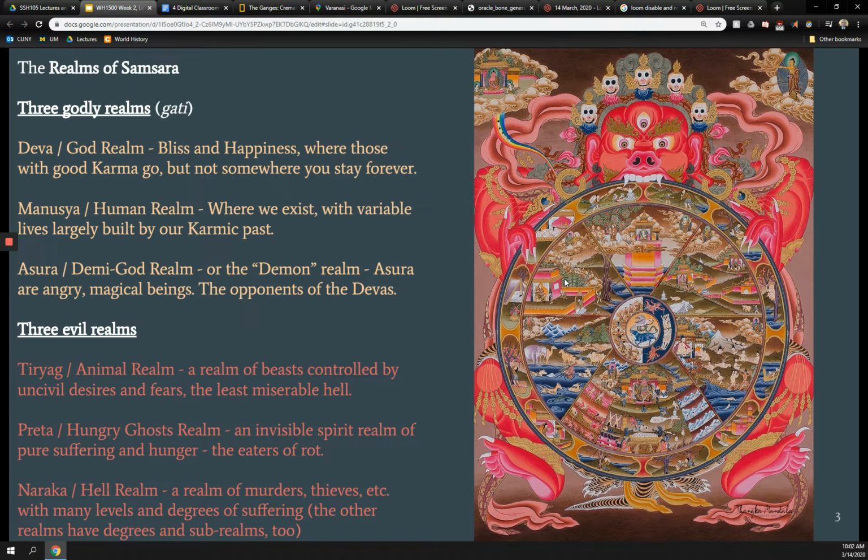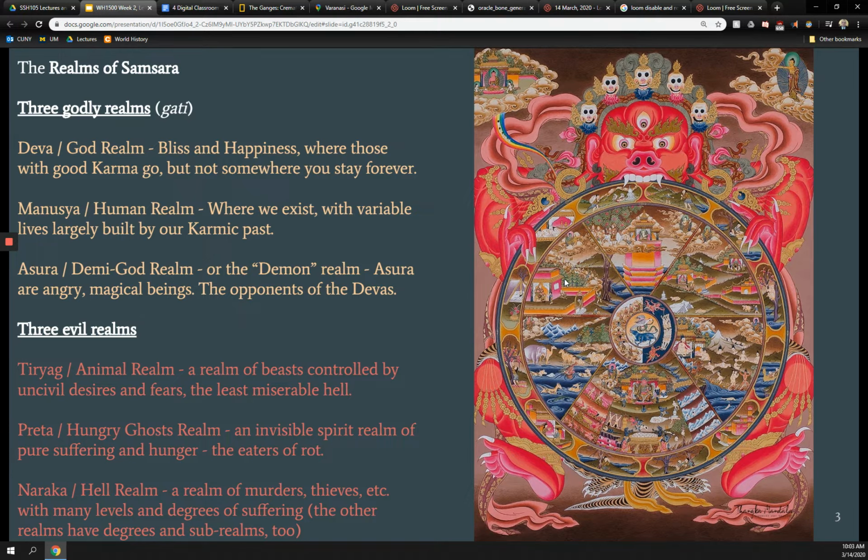We know now that this is the function of decomposition, microbes, and other things invisible to the naked eye eating away and causing this rot in the apple. But to ancient Indian, Hindu people and Buddhists as well, this was the evidence of a hungry ghost eating this thing away.